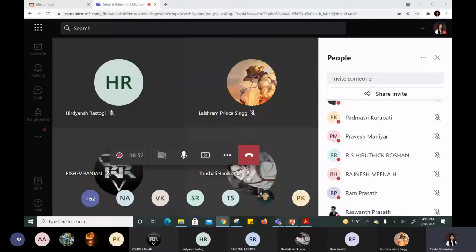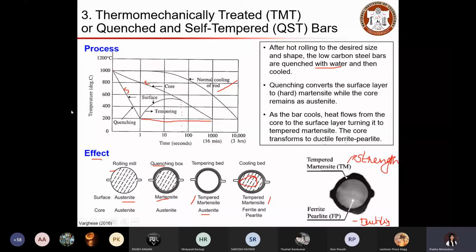Initially both surface and core are austenite, and then during the quenching process, the outer surface gets modified into martensite, and your core remains austenite. After this you allow it to cool. During that time there will be a significant temperature difference between your inner and outer surface.